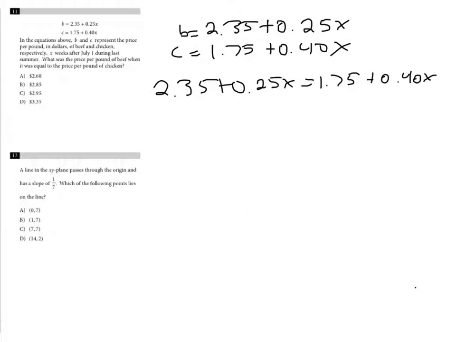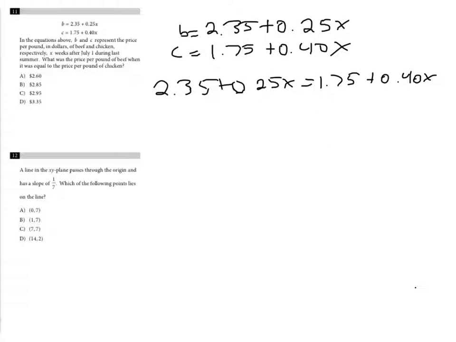I've written the equation here. I set 2.35 plus 0.25x equal to this other one, 1.75 plus 0.4x. I want to know at what week value these two prices would be equal, so I need to solve for x.